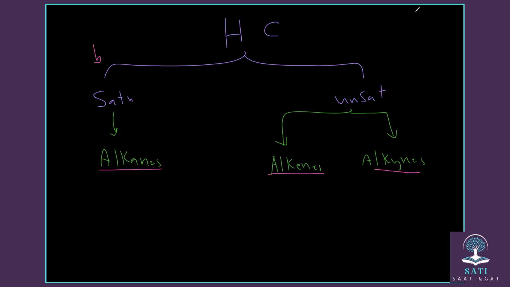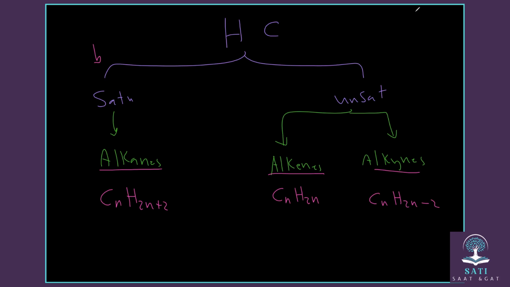The general formula of alkanes is CnH2n plus 2. And we're going to explain how this one can be applied. The second one here is CnH2n only. While alkynes, it is CnH2n minus 2.